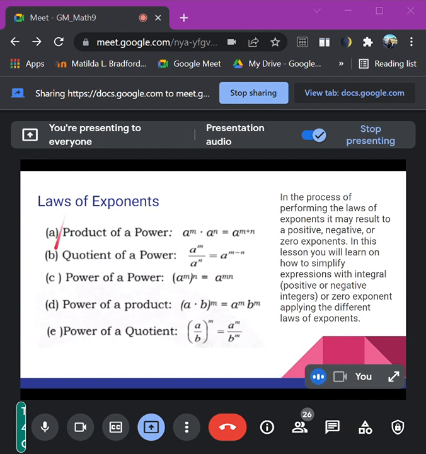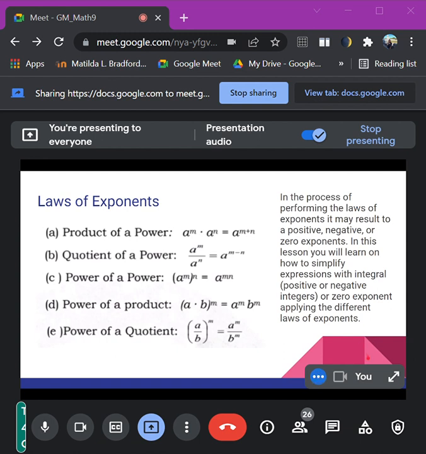This is your basis for simplifying integral and zero exponents. You can take a photo or a screenshot so that you can follow the discussion later. In 3, 2, 1, go.